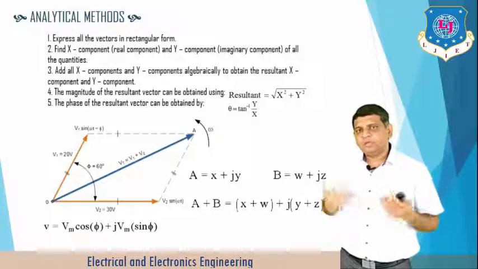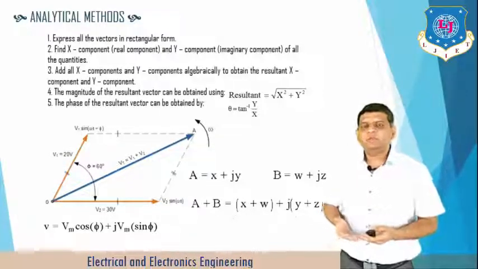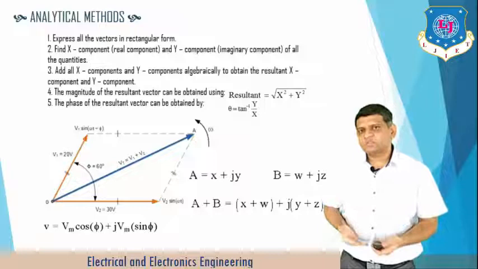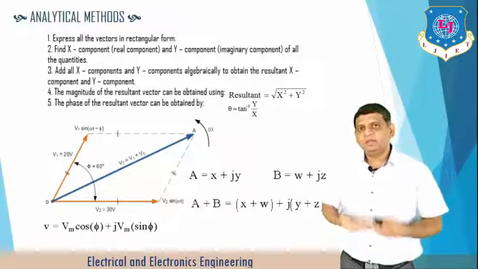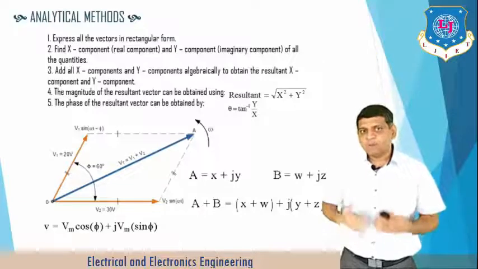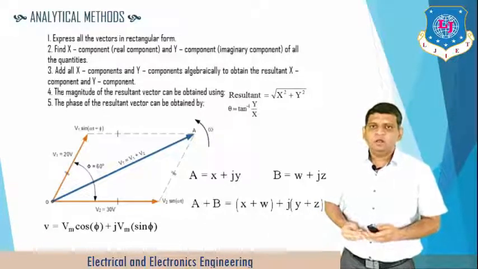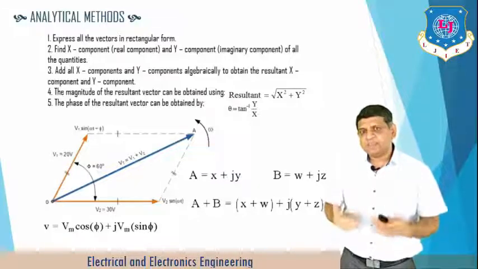Now, taking the resultant vector, the resultant value is equal to under root x square plus y square, and the resultant angle theta is equal to tan inverse y by x. By this method you can find analytical values of any AC vectors or any AC quantities.